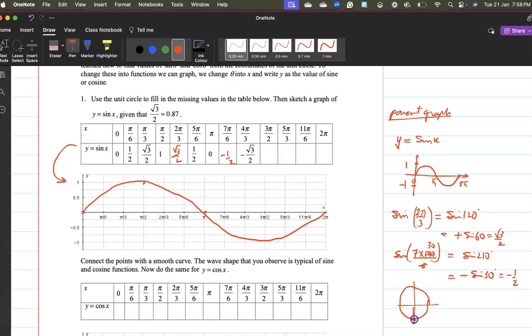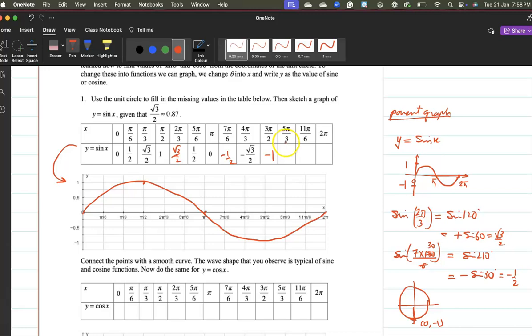It comes here, at 270. So what is the value at 270? This is 0, minus 1. So this should just be minus 1. Because whenever it lies on the x-axis or y-axis, you have to look at the y coordinate value, because it's sine. Okay, makes sense.